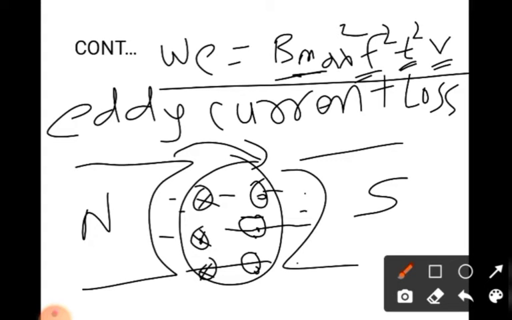Bmax is the maximum flux density. So this eddy current loss depends upon frequency of reversal.